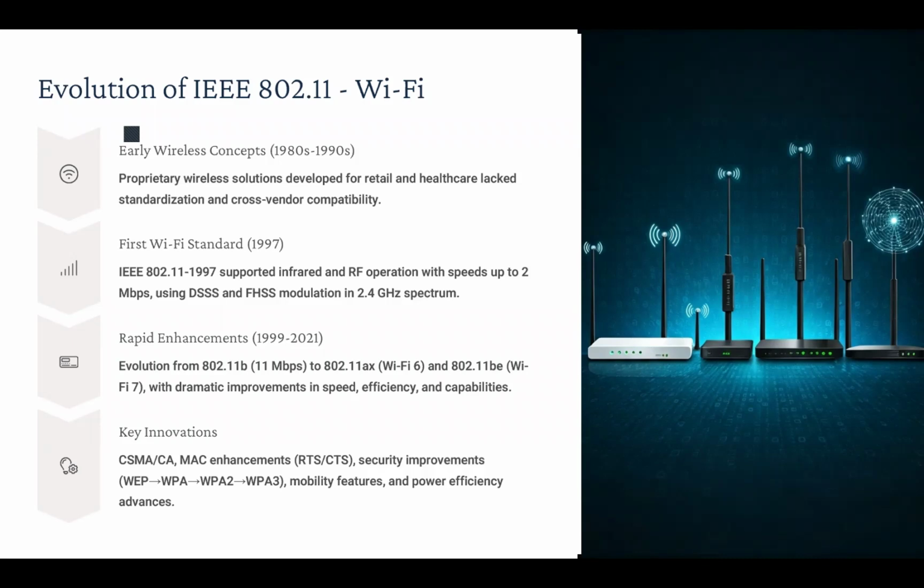We had power-saving innovations like target wake time and sleep scheduling that allowed clients to conserve battery life while staying connected to the networks. For example, Wi-Fi 6 uses that.